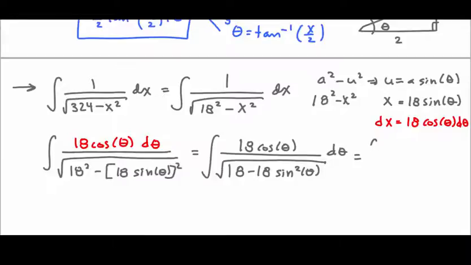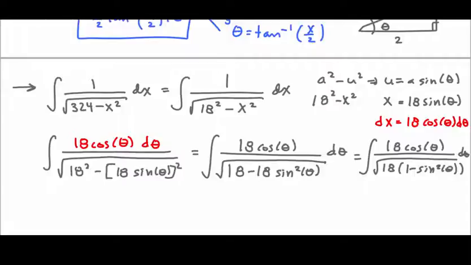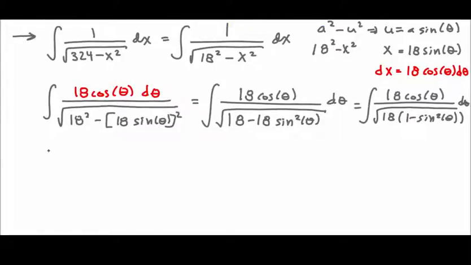Now in the denominator, there's a bit of a trick here. I can factor out an 18 under that radical, and I'm going to be left with 1 minus sine squared theta. And then my numerator is 18 cosine of theta. Okay, continuing to simplify. Notice when we're working here, I have a mistake.